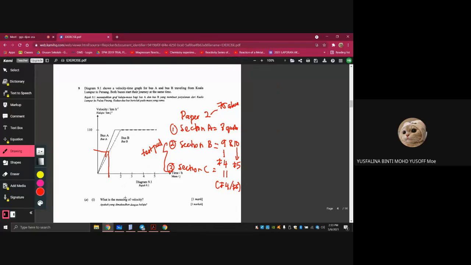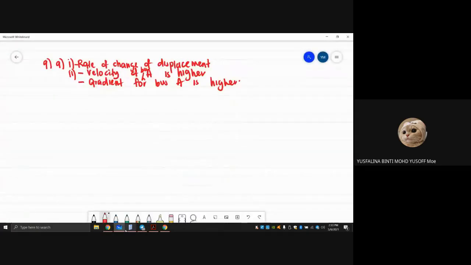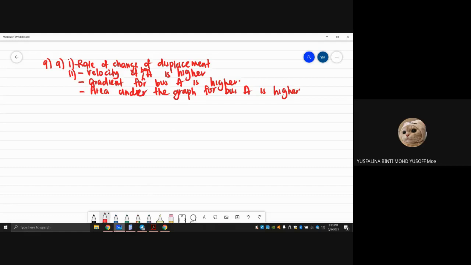Still A. So you put the answer here: area under the graph for bus A is higher.